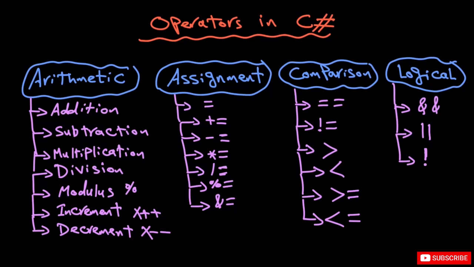And the last operator is the logical NOT operator, and this logical operator reverses the result. So by using the logical NOT operator, it will give you false if the result is true, and it will give you true if the result is false.